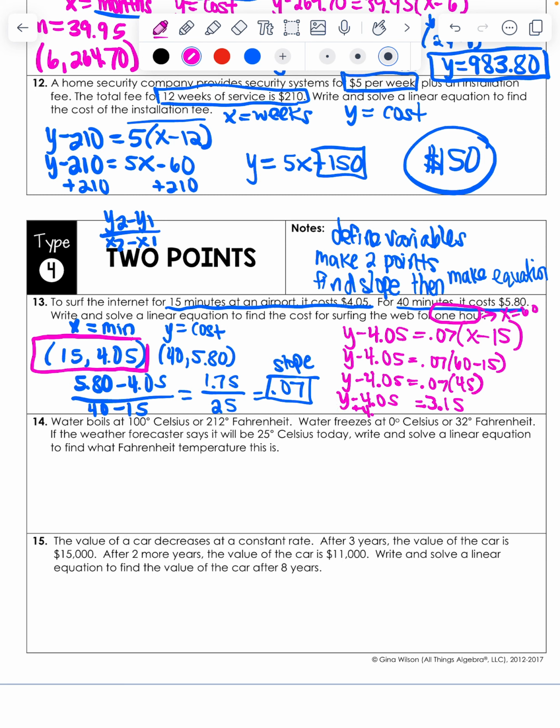And then when I add 4.05 to both sides, I get $7.20. So it would cost $7.20 to surf the web for an hour.